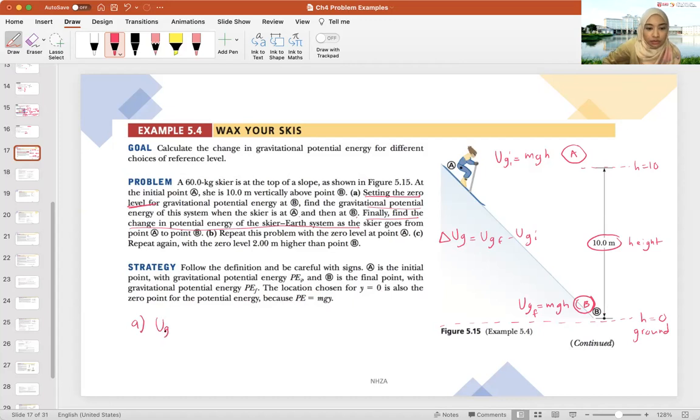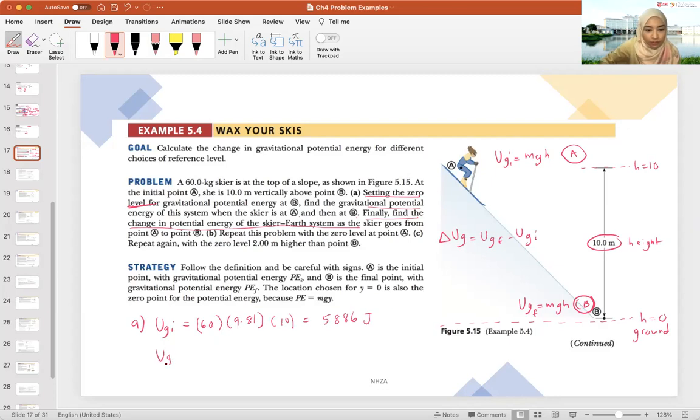This is easy, I just want to show the concept first. UG initial, m is 60, 9.81, h is 10. So we start with 60 times 9.81 times 10. So it is 5886 joules.